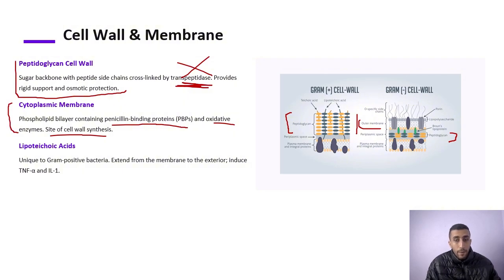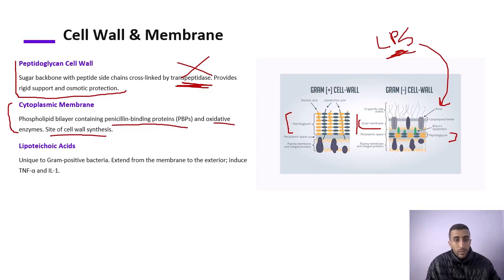Remember we've discussed the lipopolysaccharide versus the lipooligosaccharides. They have a role in gram-negatives by inducing inflammation. Inducing inflammation in gram-negatives is mainly dependent on this and the lipid A component.